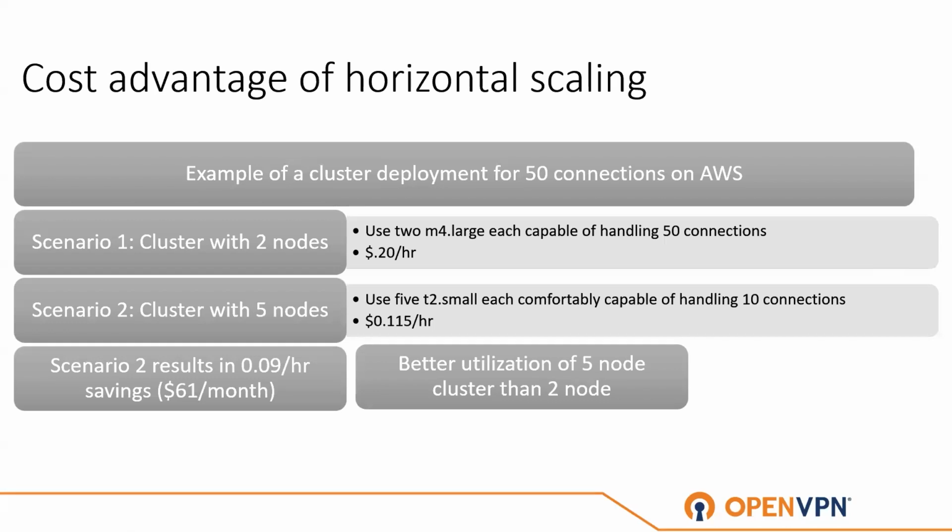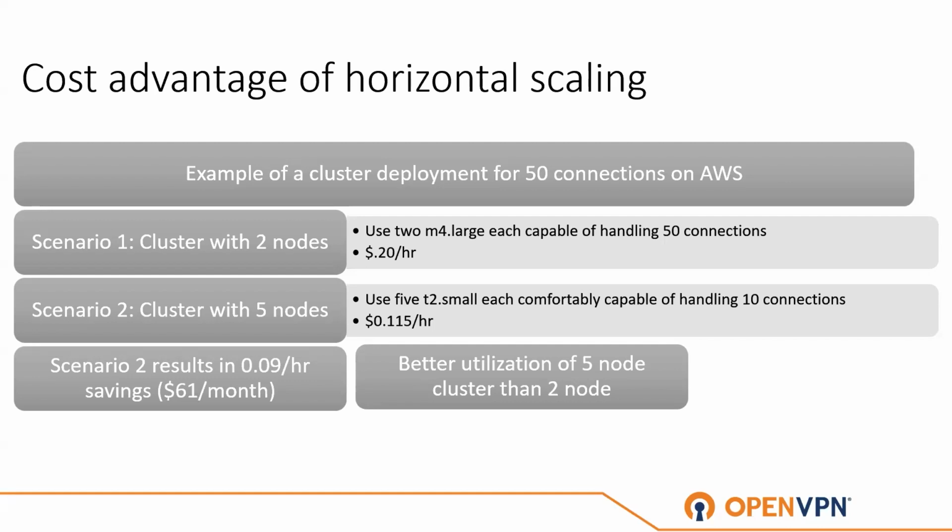In scenario one, we are going for a one-to-one redundancy using two of the recommended M4 large AWS instance type. So each can handle 50 connections. And if you use two of them, it comes to about 20 cents per hour.